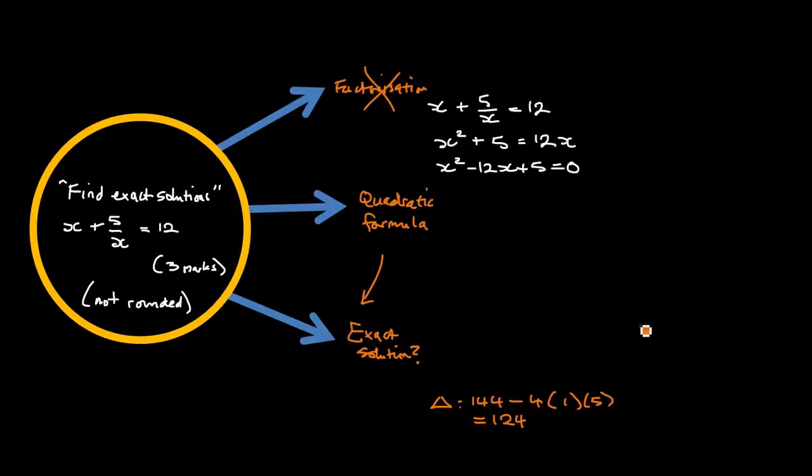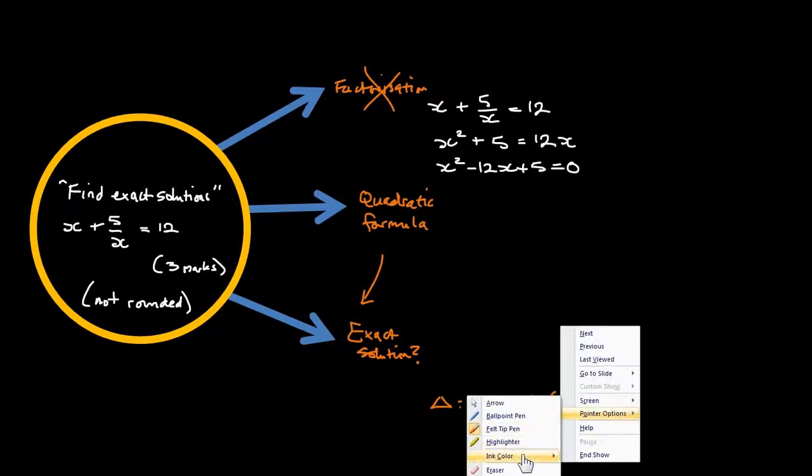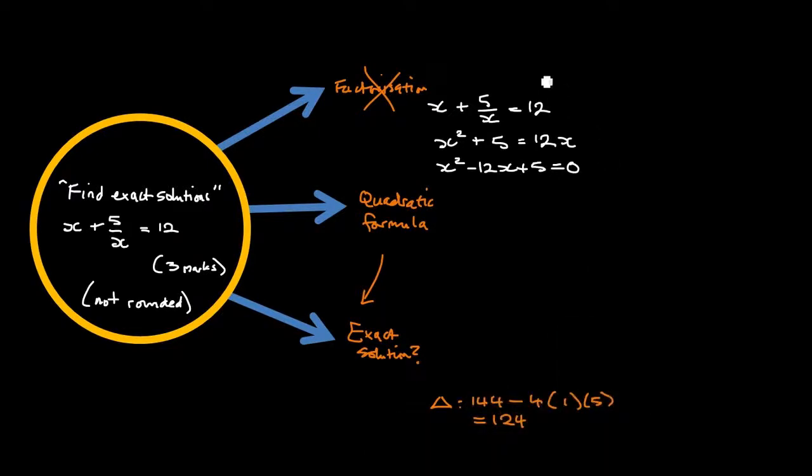Okay, let's work this through and have a look at this. So we're going to use the quadratic formula. We know that the discriminant is 124, so x must equal 12 plus or minus root 124, with 124 under our square root sign, divided by 2a, so divided by 2.